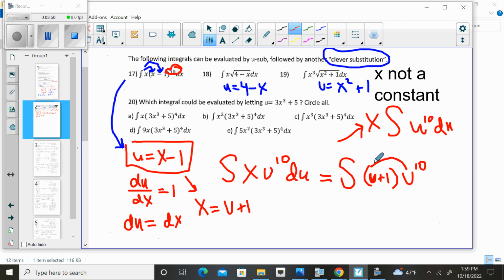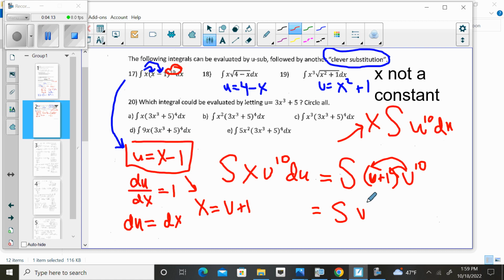That is what enables me to now distribute. See how the u minus 1 became just the single term to the 10th, but then the x became the binomial. Now I am able to distribute, and at this point it should become a nice, easy problem.